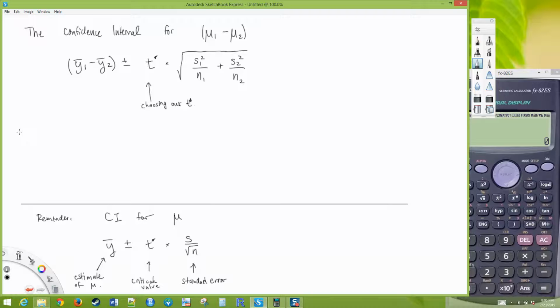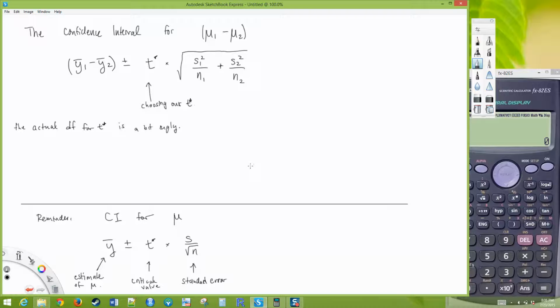So the actual degrees of freedom for t star is a bit ugly. And so a lot of times we just use approximations.